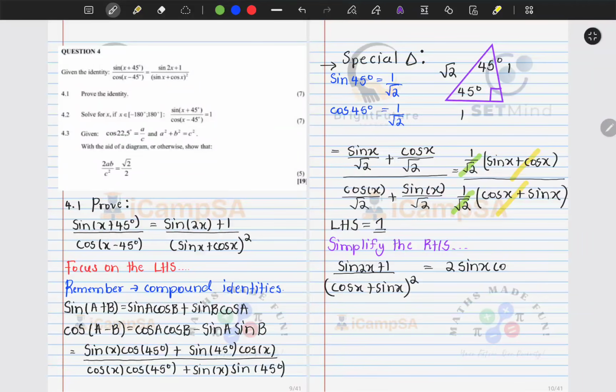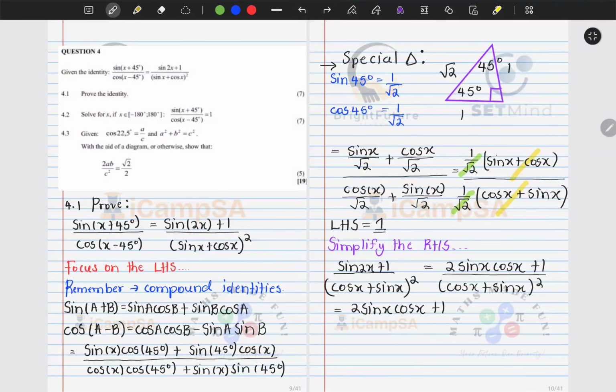So we'll have sine x cos x plus 1 divided by, if you quickly expand the denominator, well, let me leave it as is for now, sine x all squared. So what we are going to do is to quickly expand that denominator by doing FOIL.